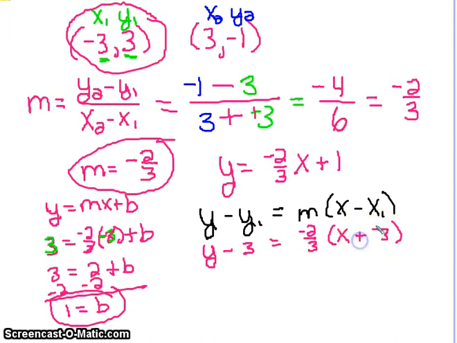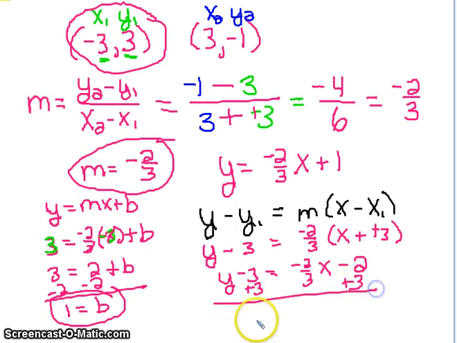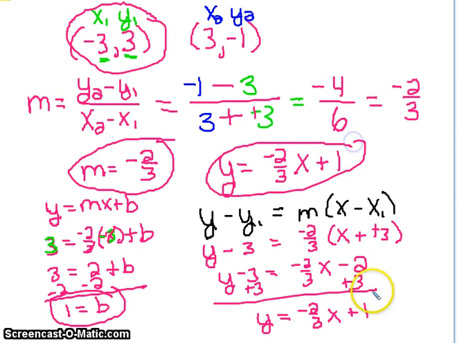Minus a negative gives me a positive, and so I'm going to have y minus 3 equals -2/3 x when I distribute, and then negative times a positive gives me -2. When I add my 3 to both sides, then I get y equals -2/3 x plus 1. Same equation. So we're good.